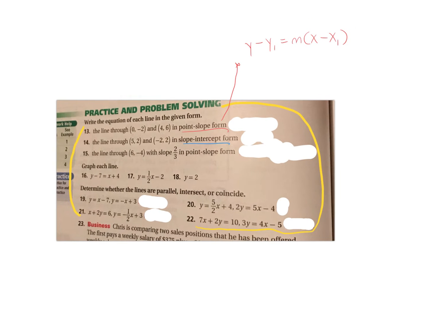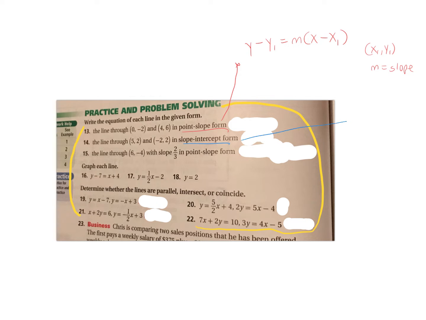That is perfect for when you have a point x1, y1, and also when you have the slope at your disposal. Then you can just plug all the information into this structure, and it seems like the teacher might be cool with you just leaving it like that. That's the point slope form.